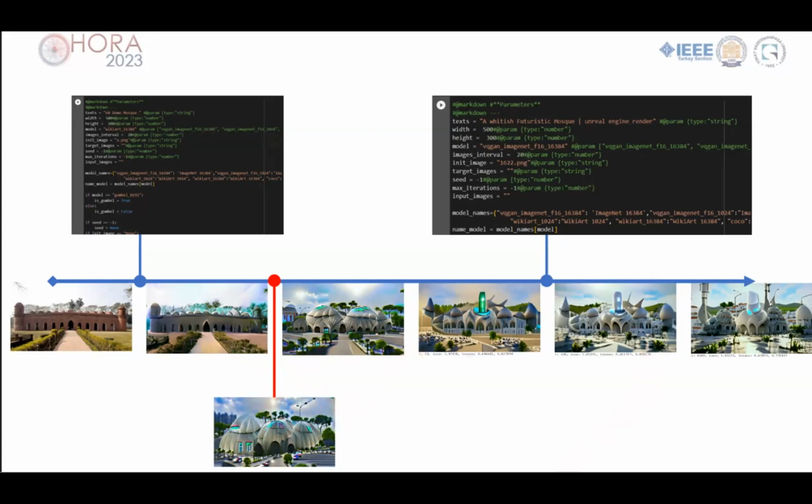If we go further, we observe the evolution of the generated architectural form and seek to achieve more desirable and innovative outcomes.